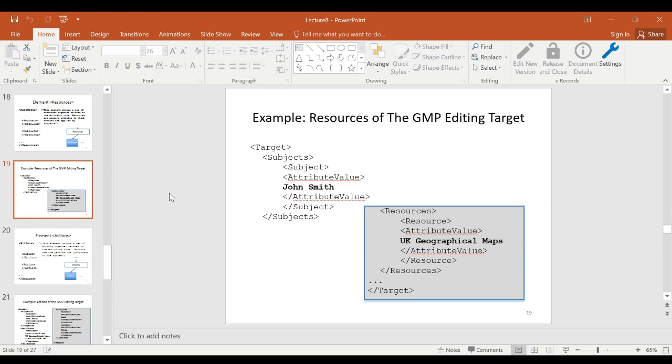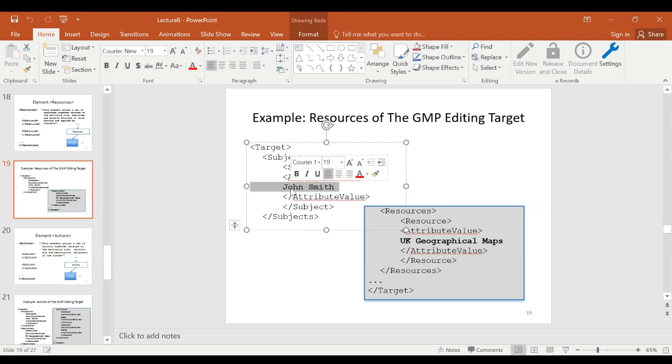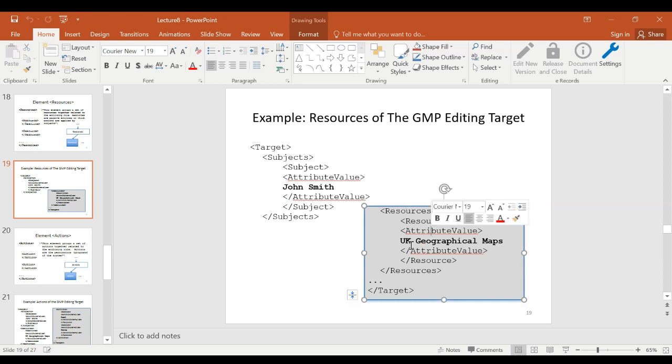So here is back to our previous example. We specified that the rule would apply to somebody called John Smith, but now we are relating John Smith's requests to a particular resource, which is UK geographical maps folder, for example.